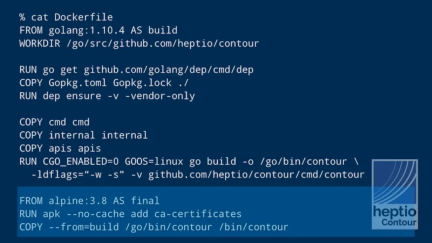We're going to start again from Alpine. We're going to add the certificates, and then from build, which is the previous stage, just copy the one binary that we need. So that means the final image is just Alpine plus certificates and our binary. It's not hundreds of megabytes of files added and deleted in various intermediary stages.